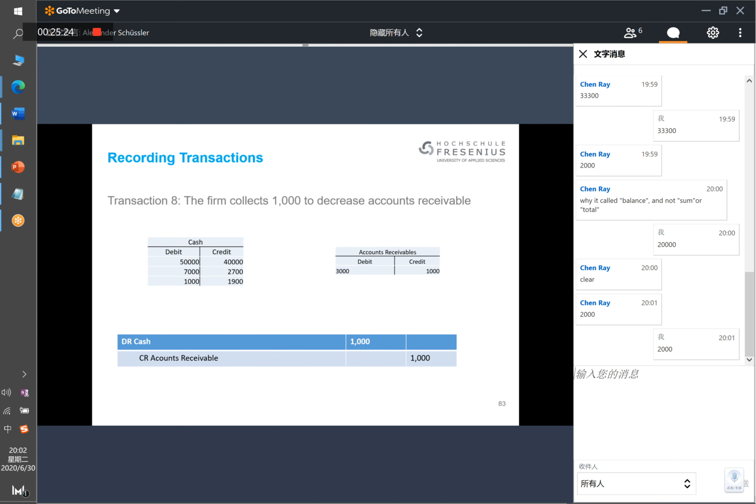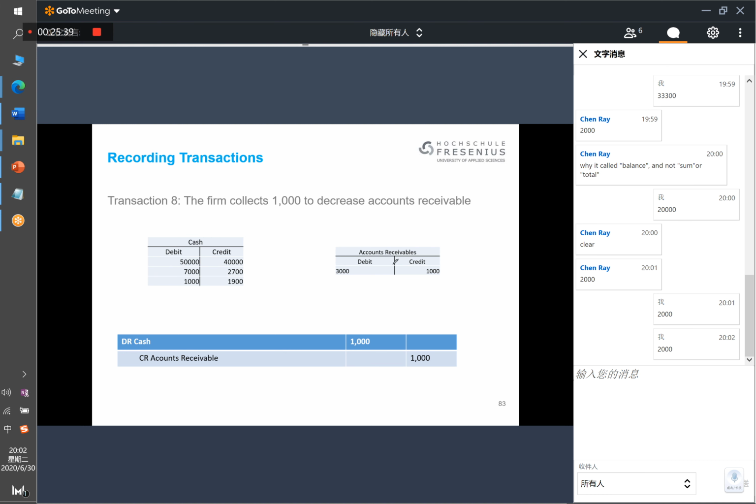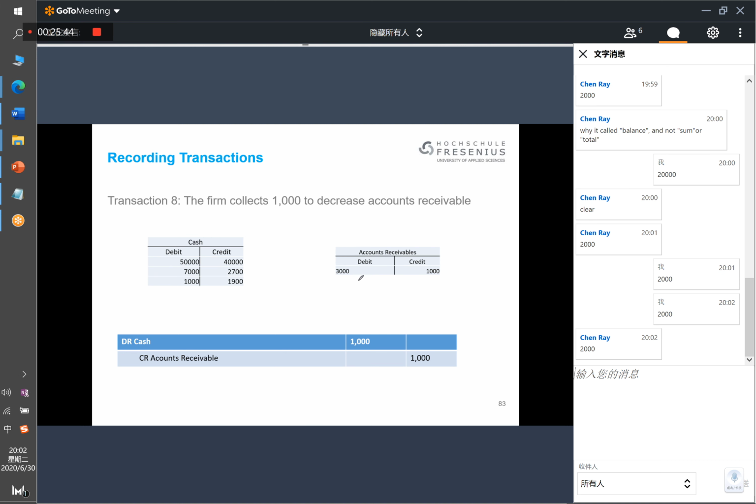Cash we already did, we can forget cash. What about accounts receivable? That's 2,000, the balance. It's on the left-hand side because it's an asset. 2,000 is an asset.